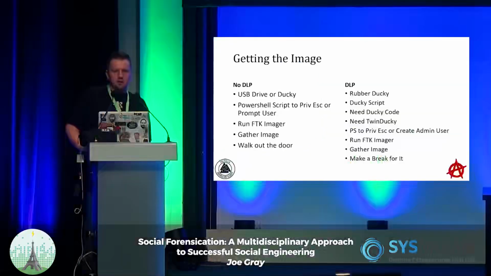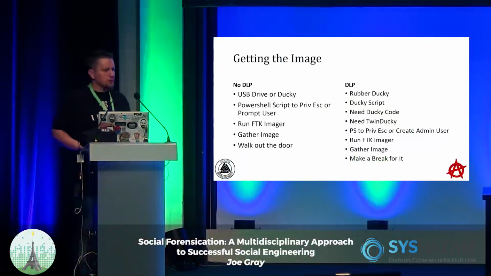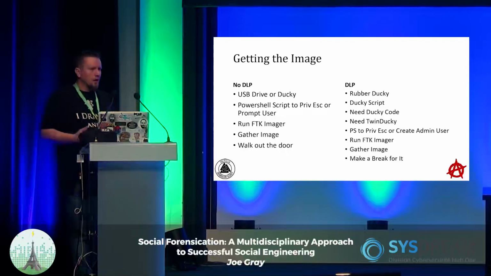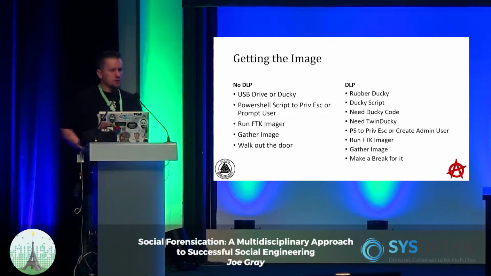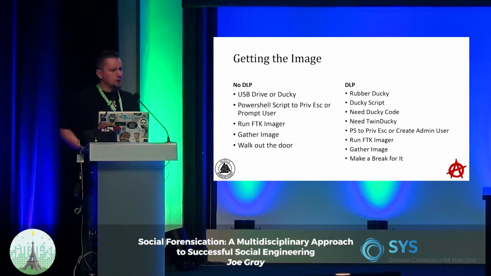You may need to run some PowerShell or whichever language is appropriate, privilege escalation scripts. There are a few out there like Level Up, Unix Priv Check, various things like that. Then once you actually get that privilege escalation, run FTK Imager, take the memory image, and get out, like quick.